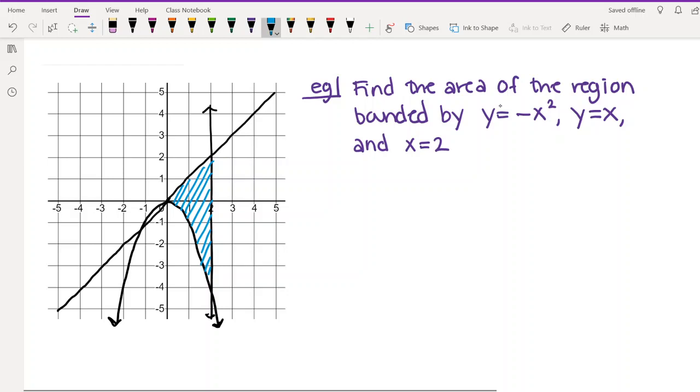So it can get a little confusing. Just make sure that, if you're ever confused because there's more than one region that feels like it could be the right one, make sure that all of the equations that are provided are actually playing a part. So that's the way that you would know this is not the correct region, because that has nothing to do with x is equal to 2. Whereas the blue region I just circled uses all three equations.